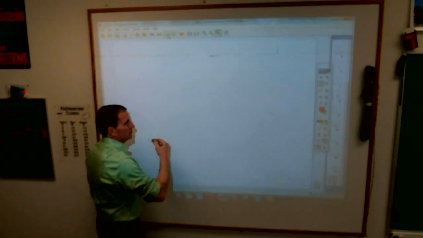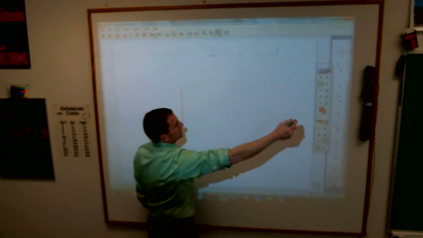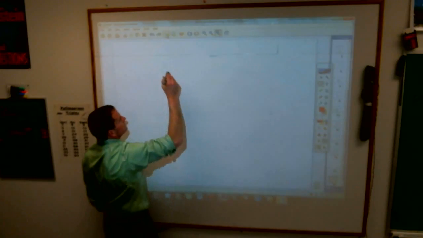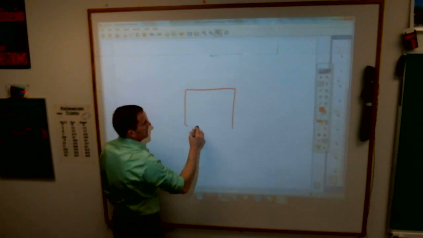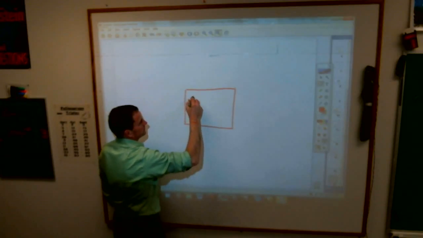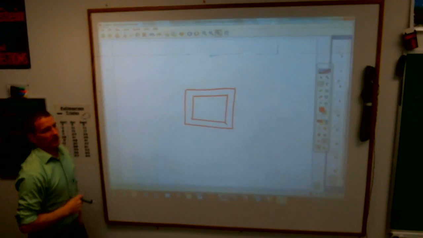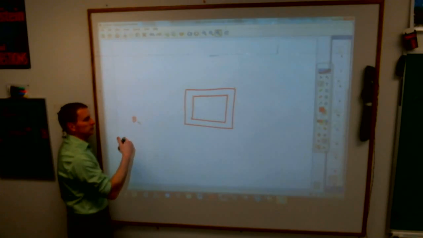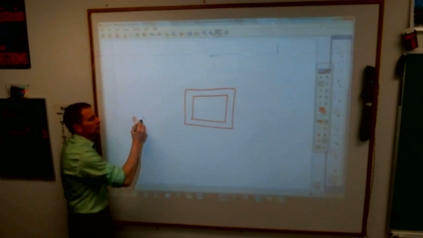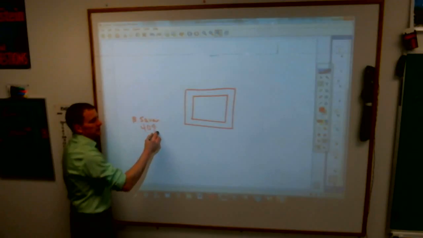So rather than drawing a circle, I would say, okay, I have a small square inside of a big square. And the only thing I know about it is the big square, I won't use BS because that's probably bad, big square is 40% larger.